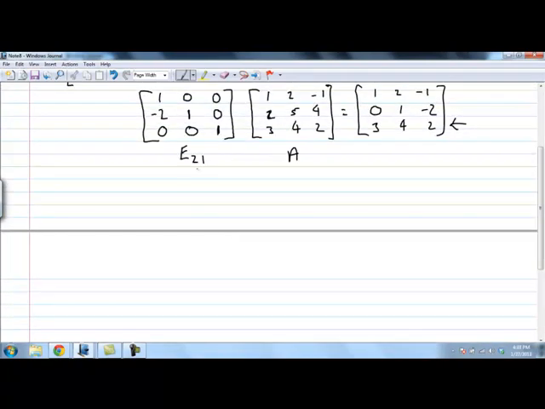The next step will be to form the matrix E31. E31 is the matrix that eliminates the 3-1 position. We'll put E31 here. E31 is not operating on A, it's operating on this matrix.